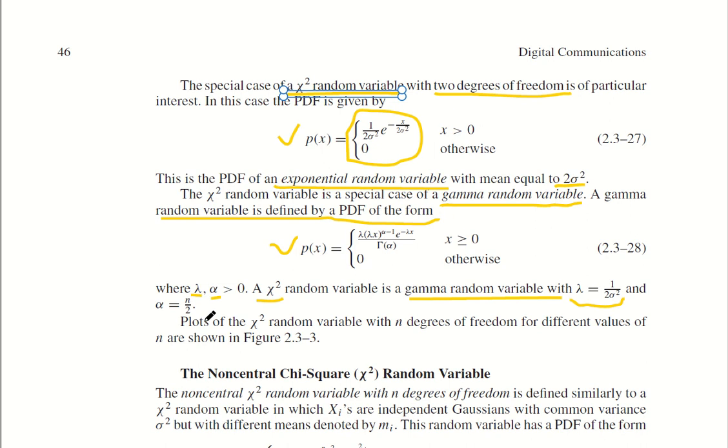A function can always be generalized, right? Generalized versus special case. So the gamma random variable is a more generalized version, and in that context, we can see chi-square as a special case of gamma.